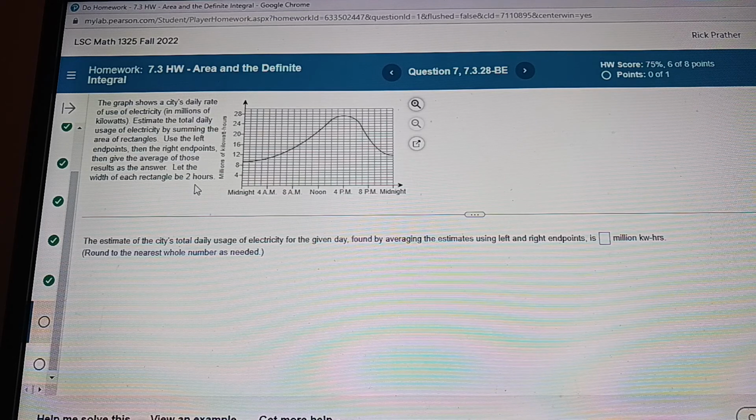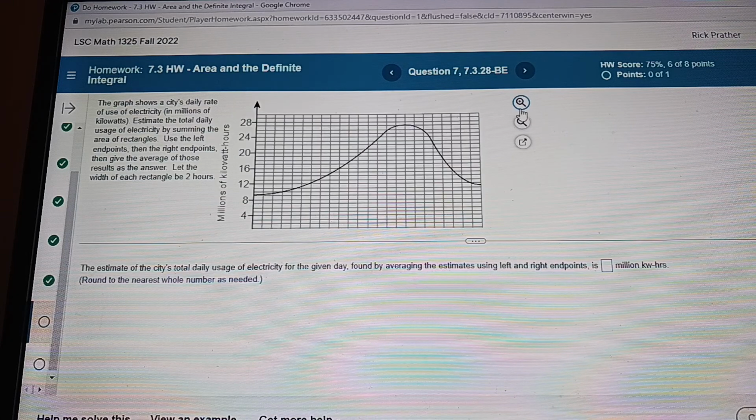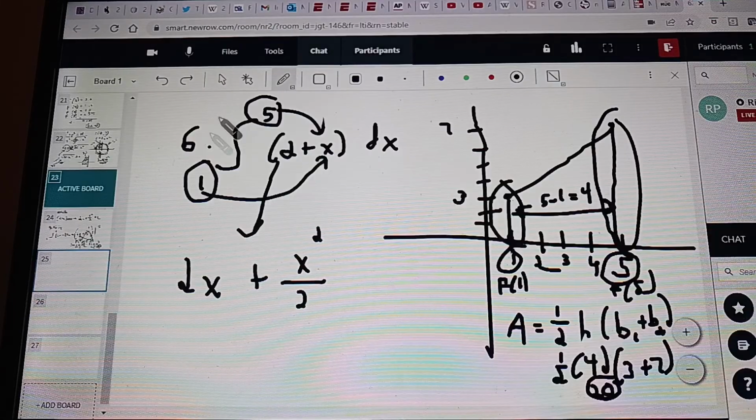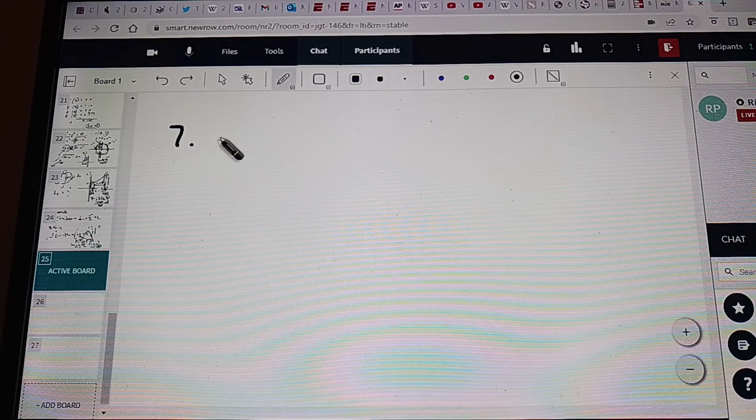Okay, so if we're going to do left endpoints, we're going to start at the far left of the graph, at midnight. It's a little hard to tell with this graph, but the widths are 2, so for number 7 the left endpoints are going to be 2 times each of those heights added together.